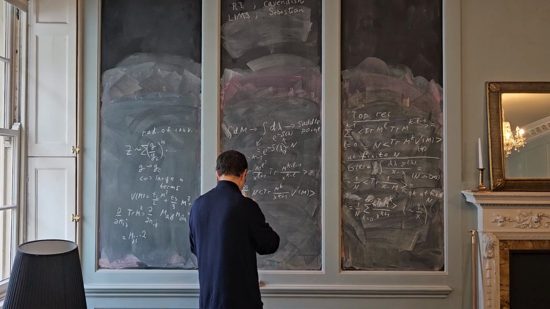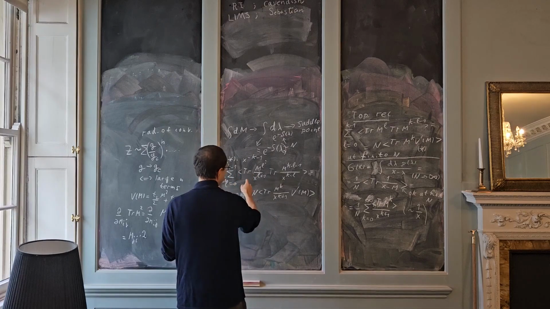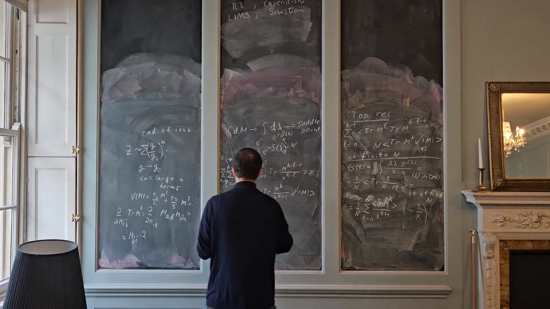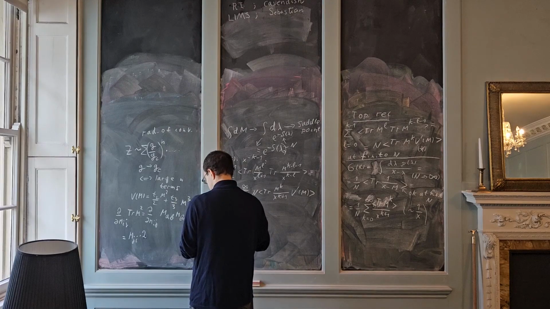But hopefully it's okay. You see what we have on the left-hand side. This thing is exactly my resolvent, 1 over x minus M. The n is also a bit off.